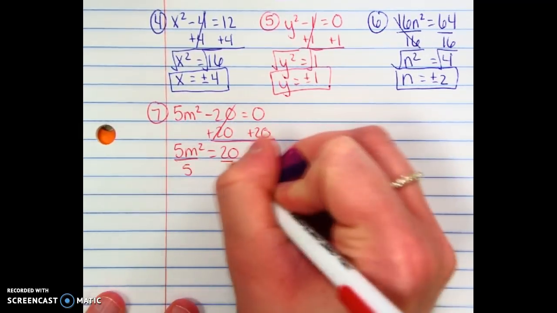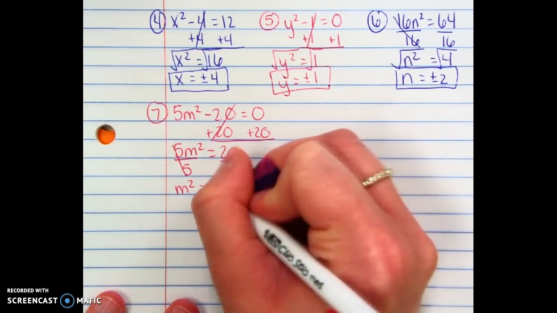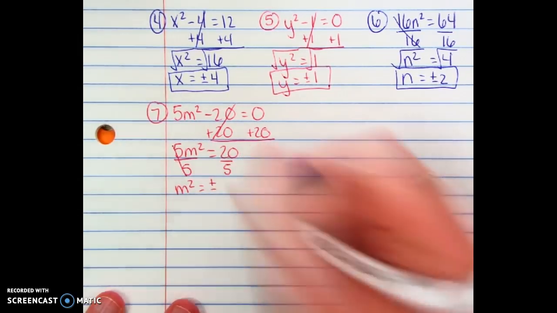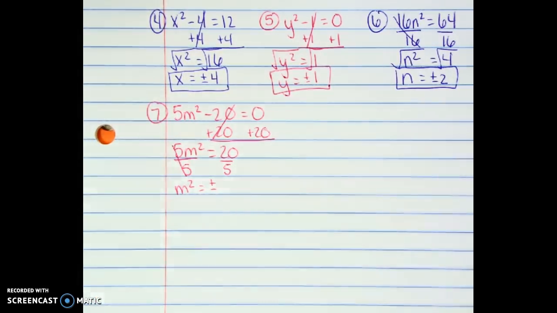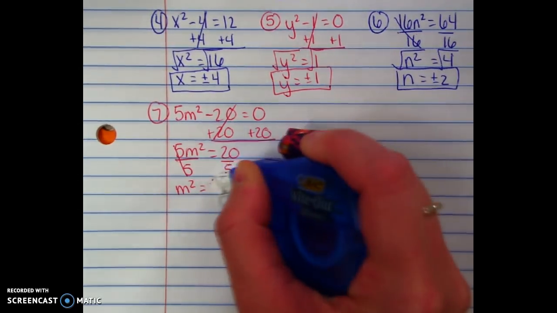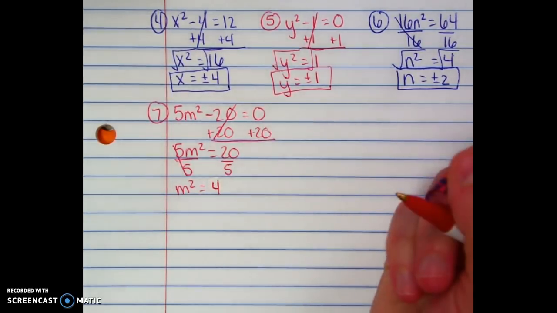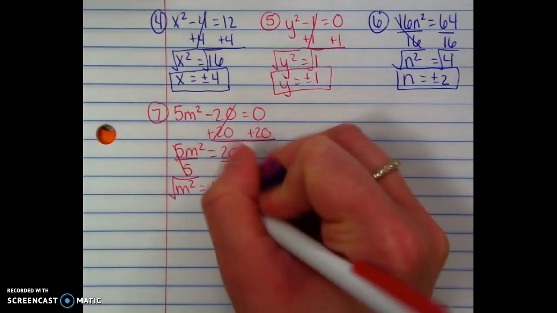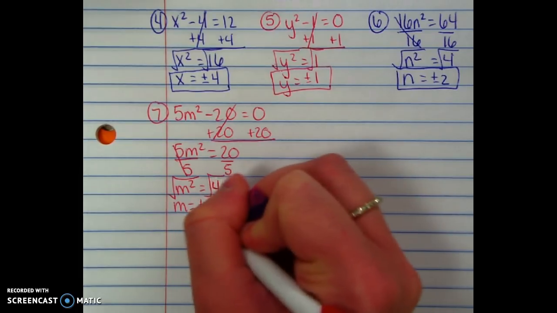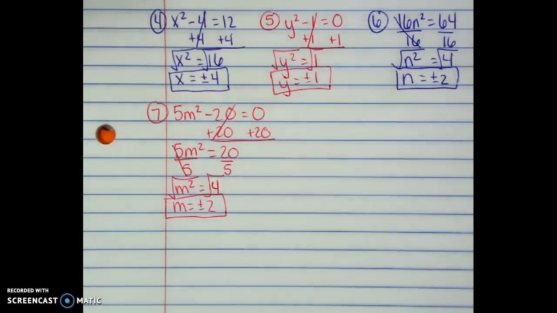Divide both sides by 5. m squared equals plus or minus, whoops, I haven't done the square root yet. I was getting ahead of myself. Okay, so 20 divided by 5 is 4. Now I do the square roots. m equals plus or minus 2. My bad.